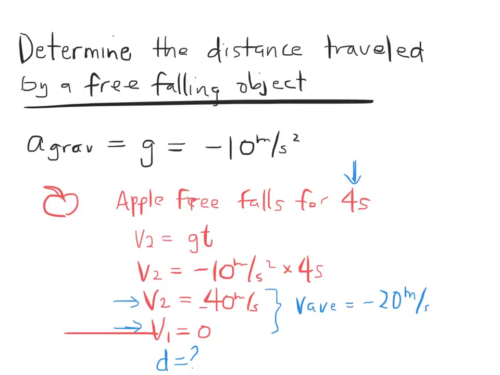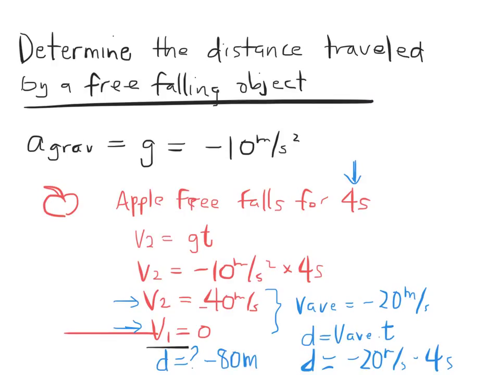And distance is just v average times time. The distance that this object falls is negative 20 meters per second times 4 seconds, or negative 80 meters. So the apple falling for 4 seconds will cover negative 80 meters, or 80 meters down.